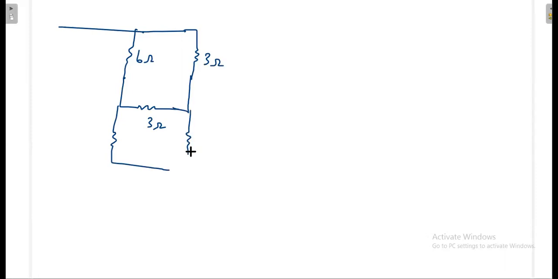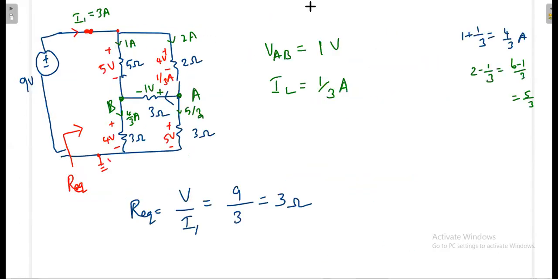Okay, so somehow once again I have reshaped the network. The same network I have written, the original network, 3 ohm, 3 ohms, like that. First you write that value. This is also 3 ohm, this is also 3 ohm.